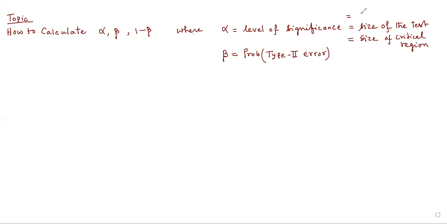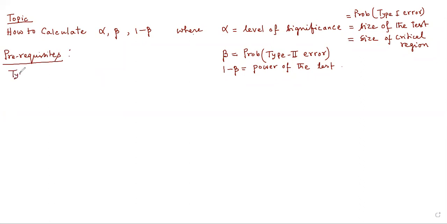I must write this line also over here: probability of type 1 error. And 1 minus beta is actually called the power of the test. The prerequisite in this regard is the meaning of these words that I must remind you.